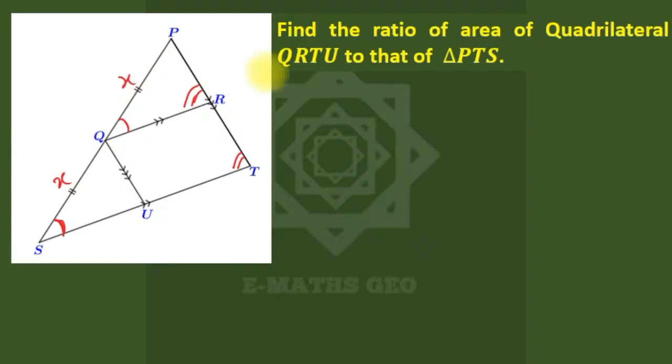So what we now have to do is find the ratio of the area of QRTU to that of the big one, which is PTS.